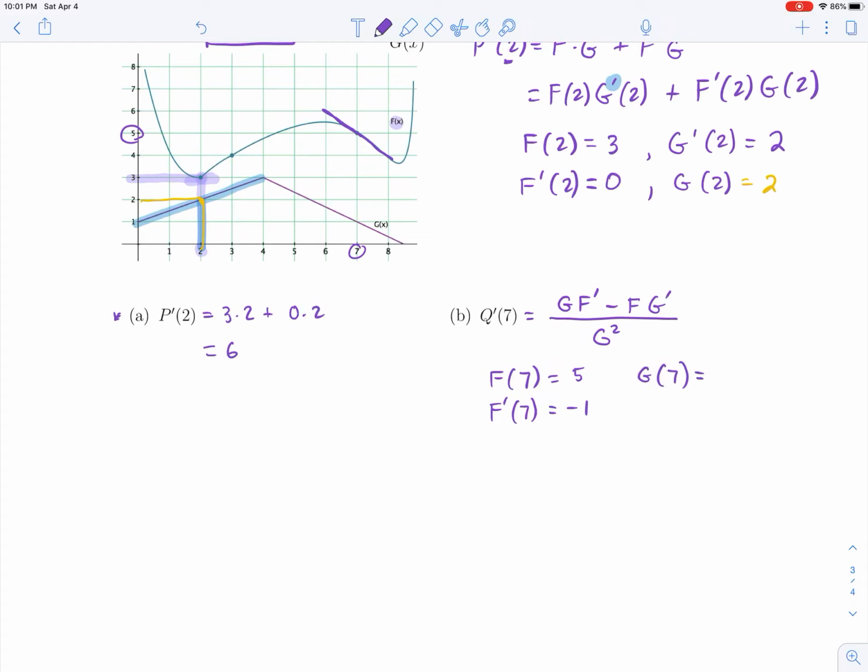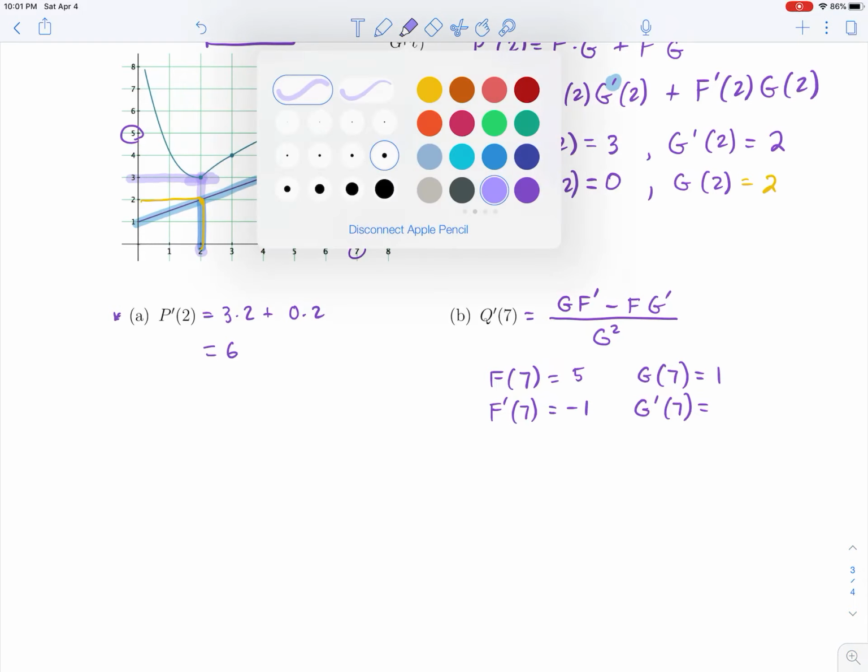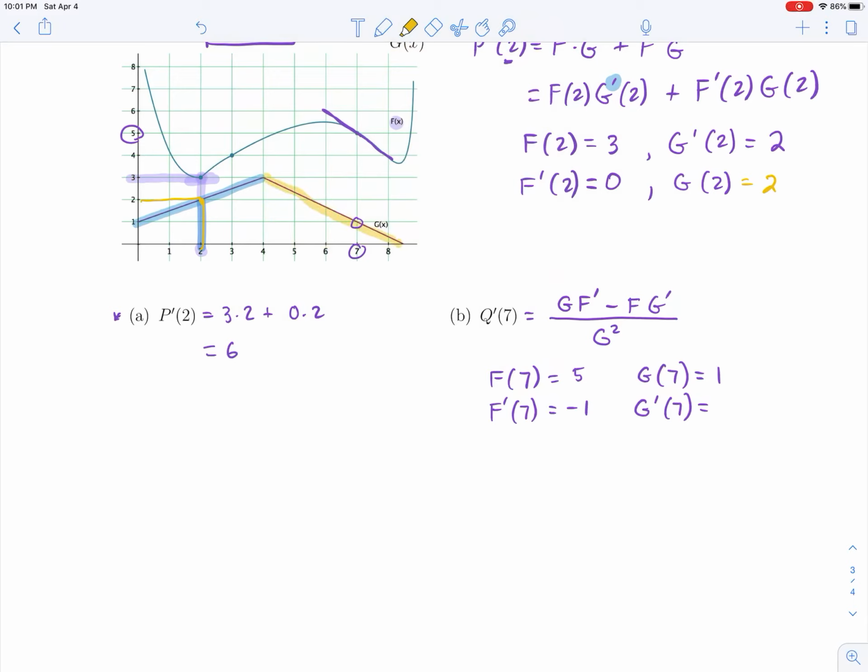Then g evaluated at 7 is going to be 1, and you can see that here from the graph. And then g prime evaluated at 7, that one, again, is coming from a linear function. So we can see that this right here is a line with a slope of negative 2/3. And so at 7, the slope of the derivative is also negative 2/3.